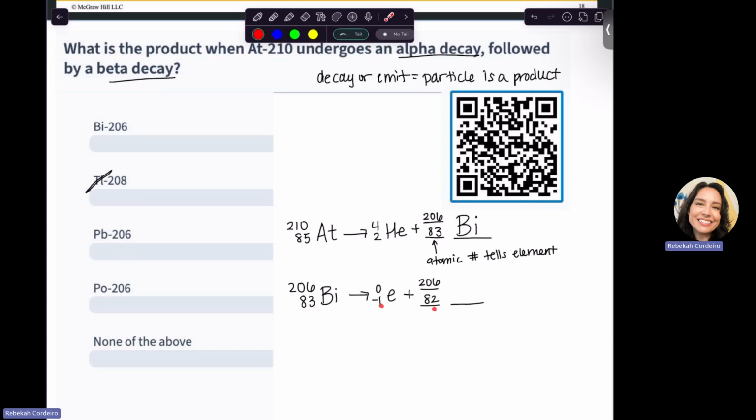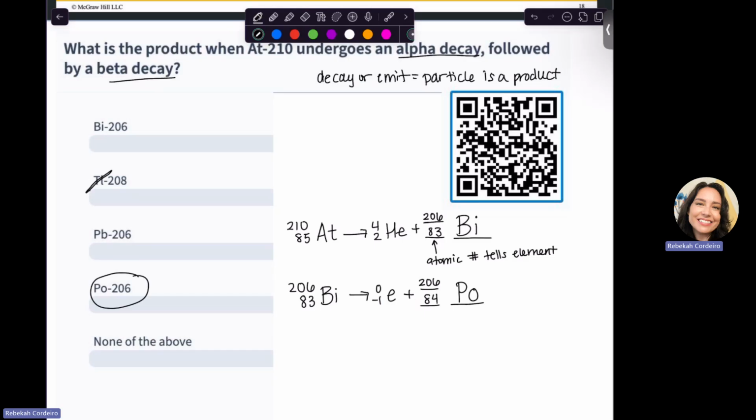Is 82 minus 1 equal to 83? No, right? So we did the wrong math here. So what minus 1 is 83? That would be 84. So just be really careful, because I'm sure that answer is on here. So number 84, we look at that on the periodic table. That's Po, polonium. So my answer would be Po-206.